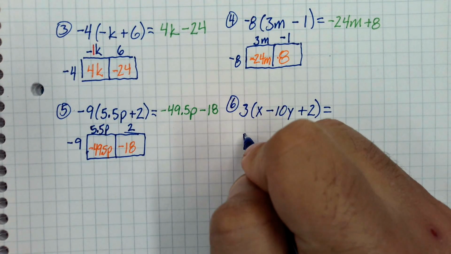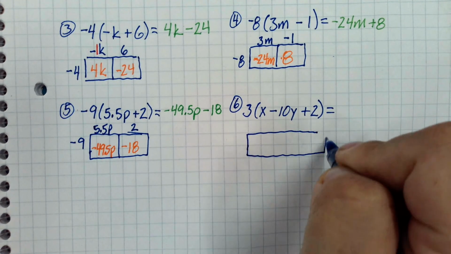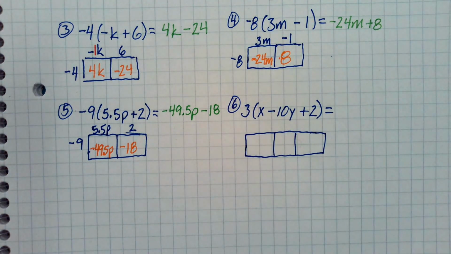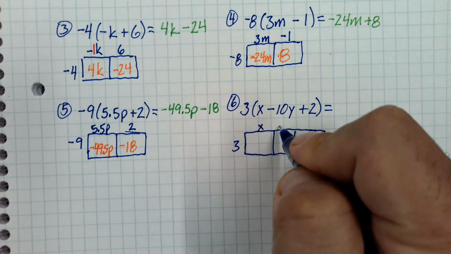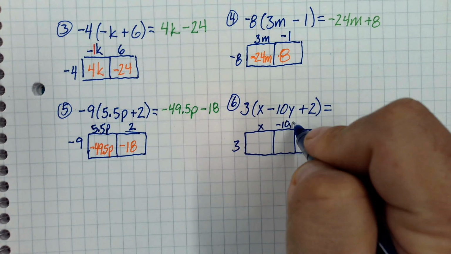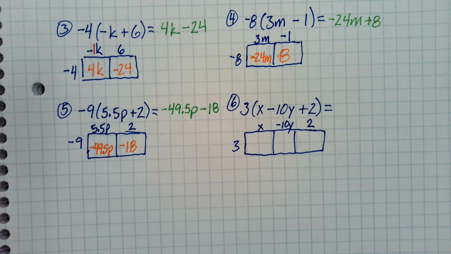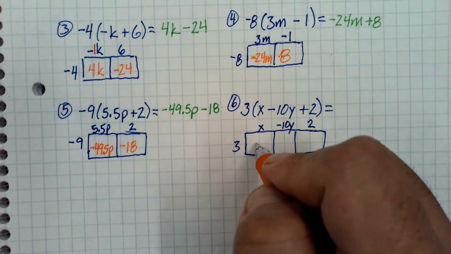So we're finding the area when we have 3 terms. Split it up into thirds. We've got 3x, negative 10y and positive 2. Okay, let's see what we get. First of all, 3 times x. 3x.